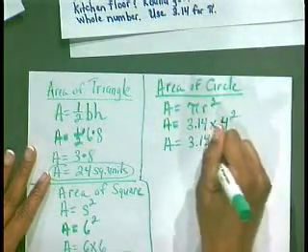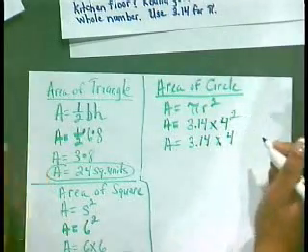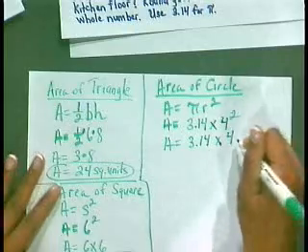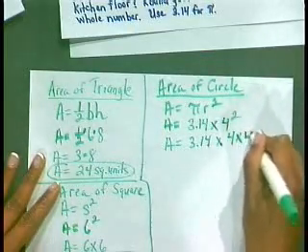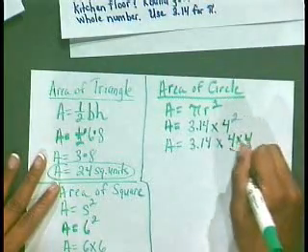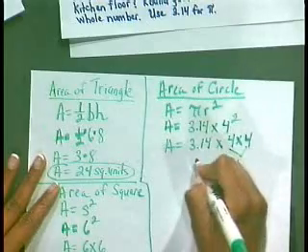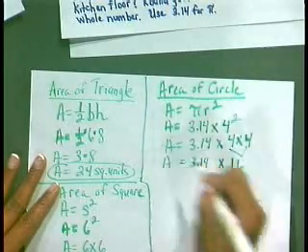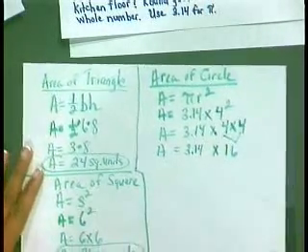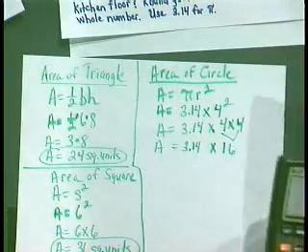So now we can just simplify. Order of operations tells me I need to solve my exponents before solving multiplication. So I'm going to solve my exponents. 4 squared actually means 4 times 4. 4 times 4 is 16. So I'm going to bring down my multiplication symbol and my 3.14. So area is equal to 3.14, which is pi, times radius squared, which is 16.